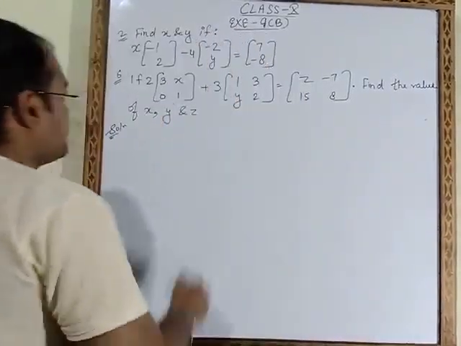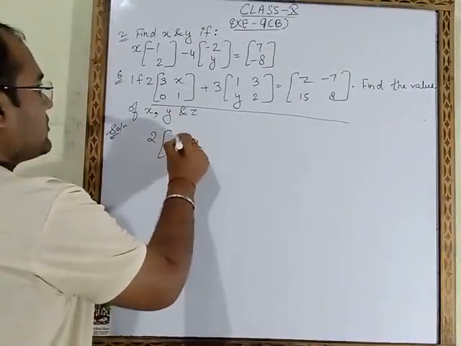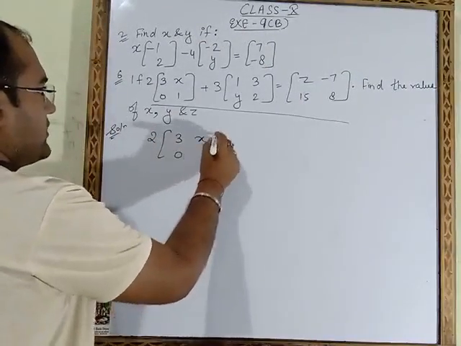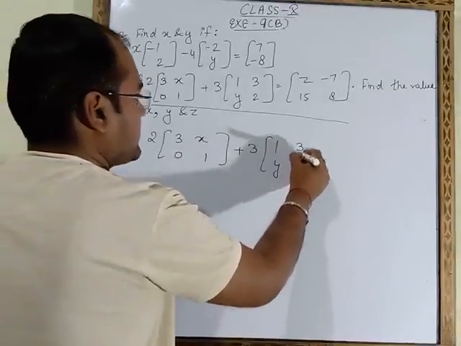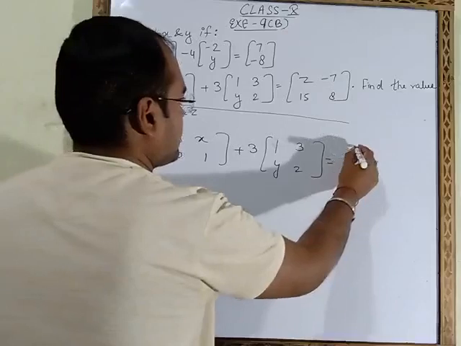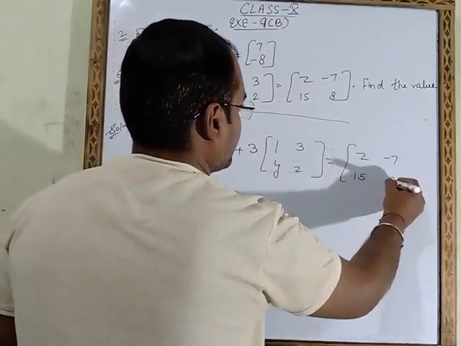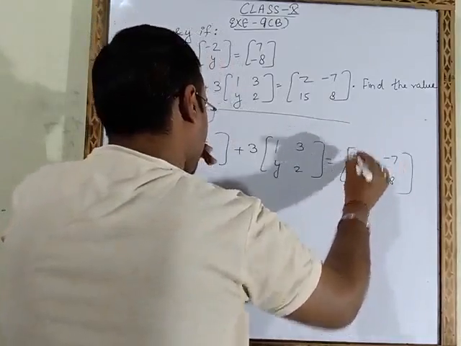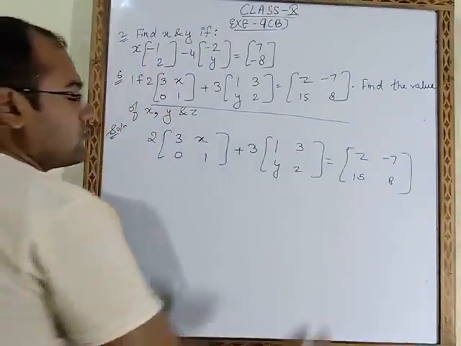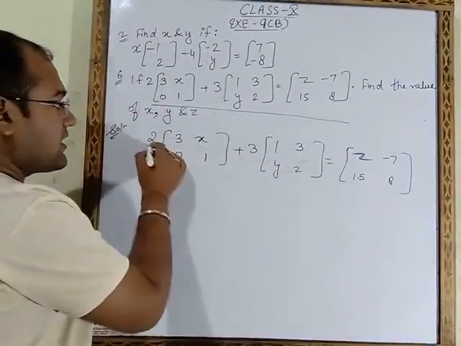Question number 6. This statement is given: 2 times the matrix [3, x; 0, 1] plus 3 times the matrix [1, y; 3, 2] is equal to the matrix [z, 15; minus 7, 8]. So first of all, we will add these two brackets. But before adding, here 2 is written.